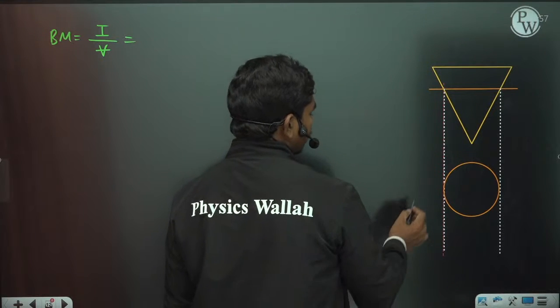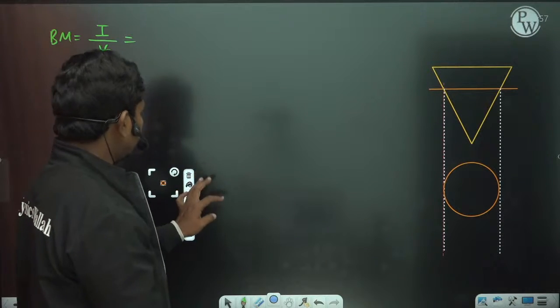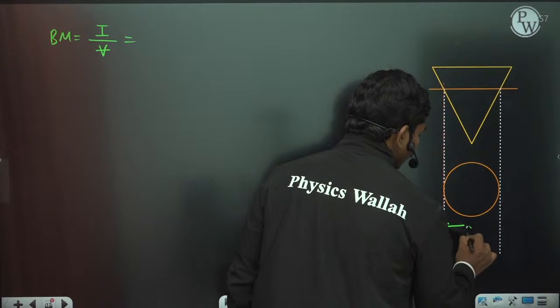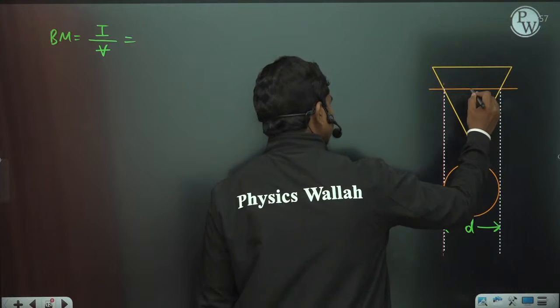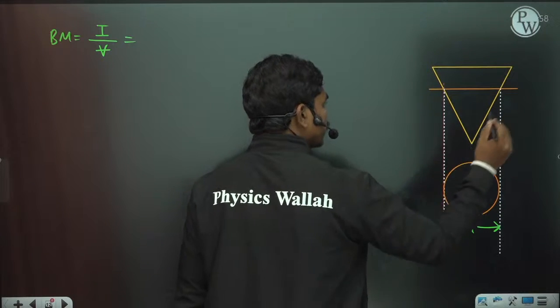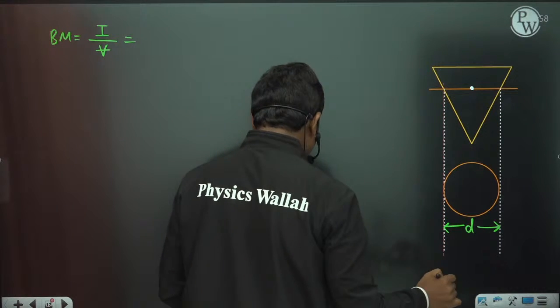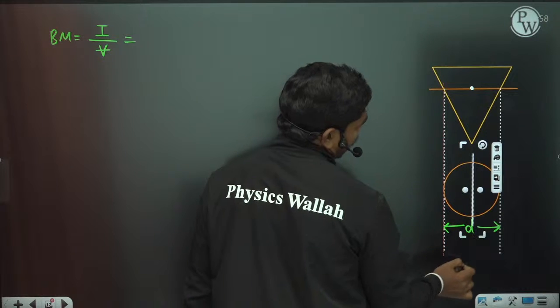So this is a cone of some diameter, and this is a circle of some diameter d. Now, this is the axis, meaning if you take the moment of inertia about this perpendicular axis, that means in top view you are taking the moment of inertia about this axis, YY.